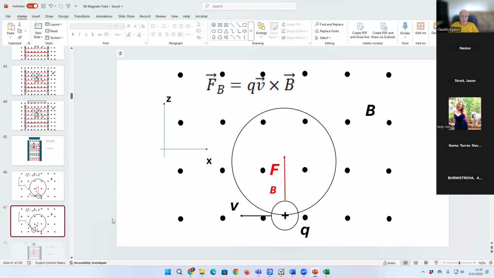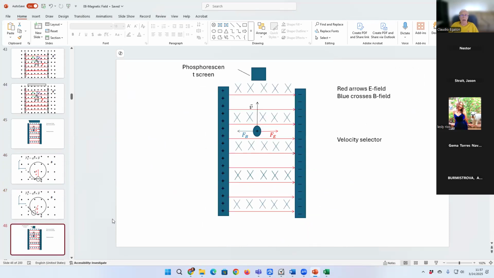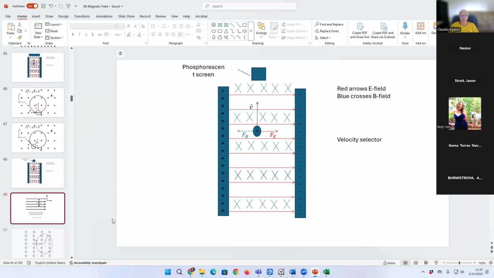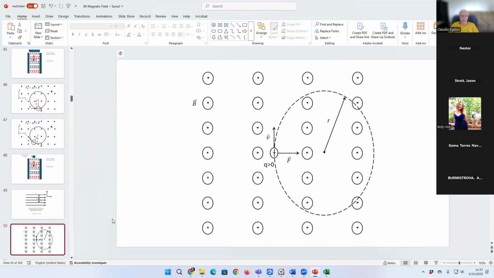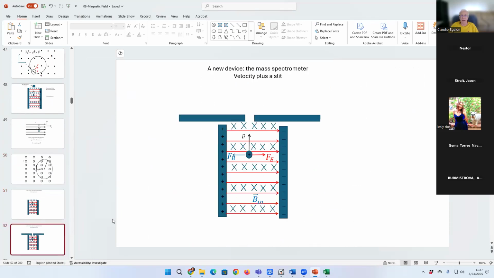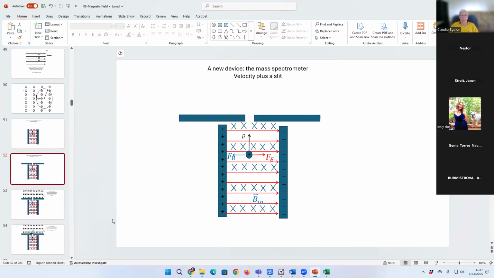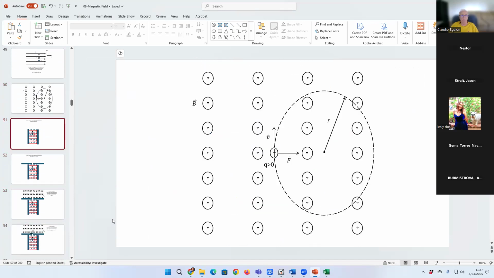What is the mass spectrometer? It is a device that uses a velocity selector plus something else, okay? So velocity selector, right in here. That's the mass spectrometer, a new device.